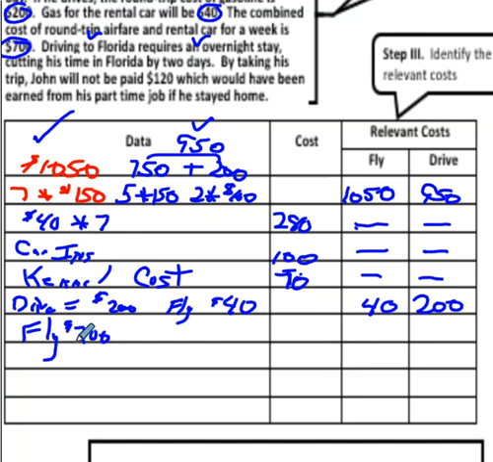If we drive ourselves down, we're not going to need any rental car, nor are we going to need airfare. So if we drive, the cost of that rental car or flying is zero.